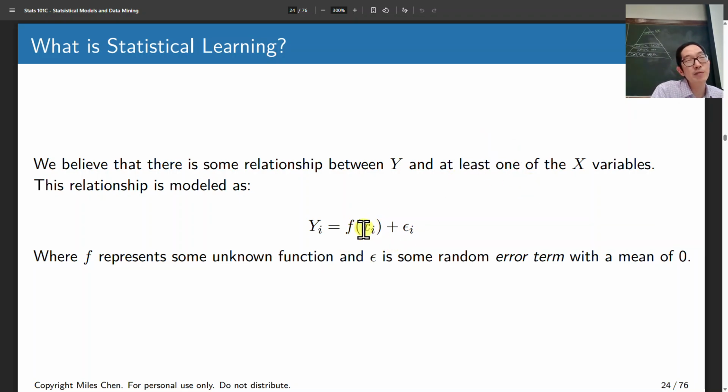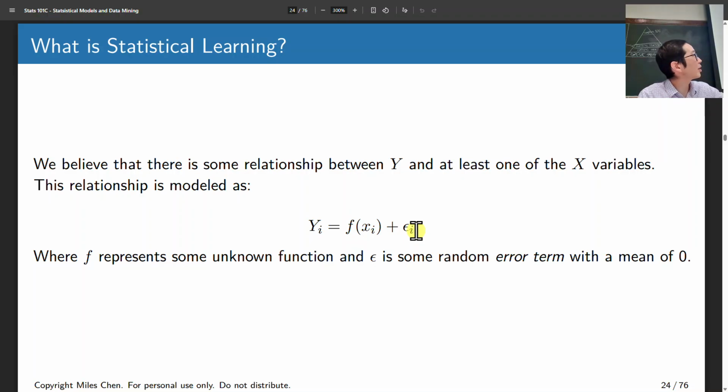So we have some kind of function that does something with all of those input numbers, and of course some leftover error, because we can't capture everything, to make our prediction of Y. Ideally, this error term is a random error term with a mean of 0.